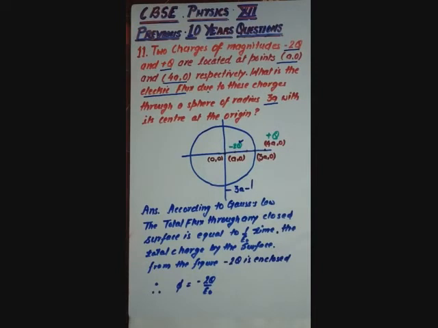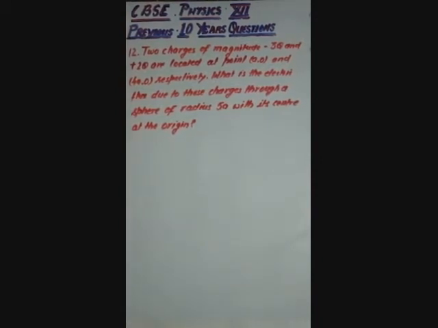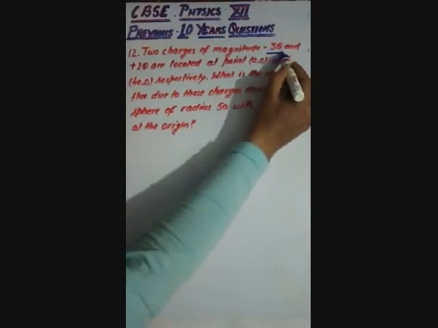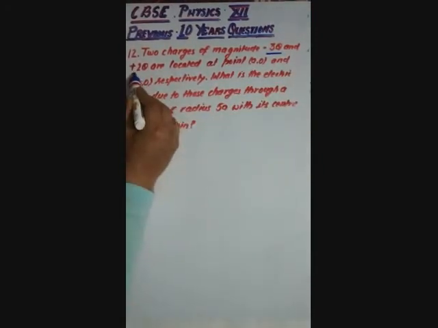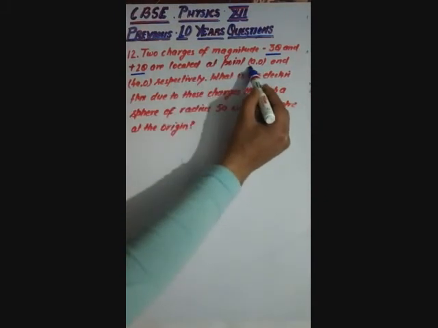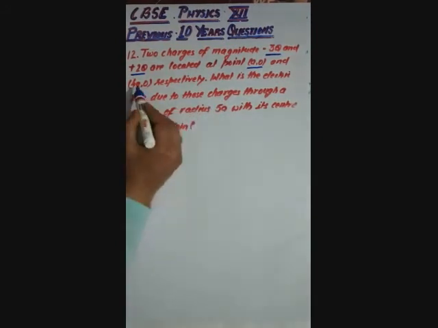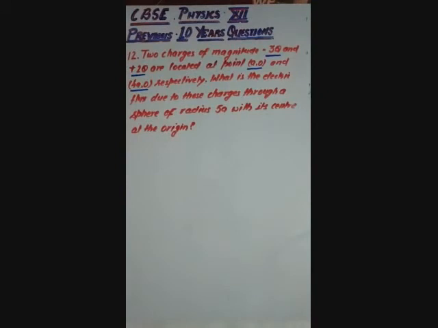Next question. Two charges of magnitude negative 3q and positive 2q are located at points (a, 0) and (4a, 0) respectively.